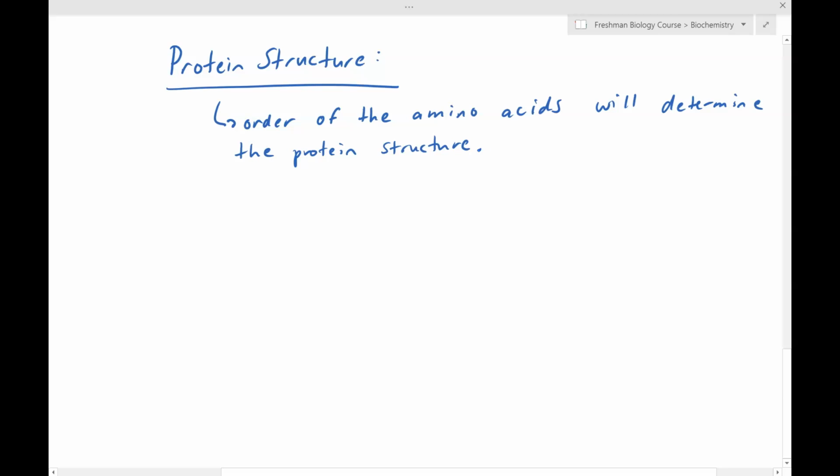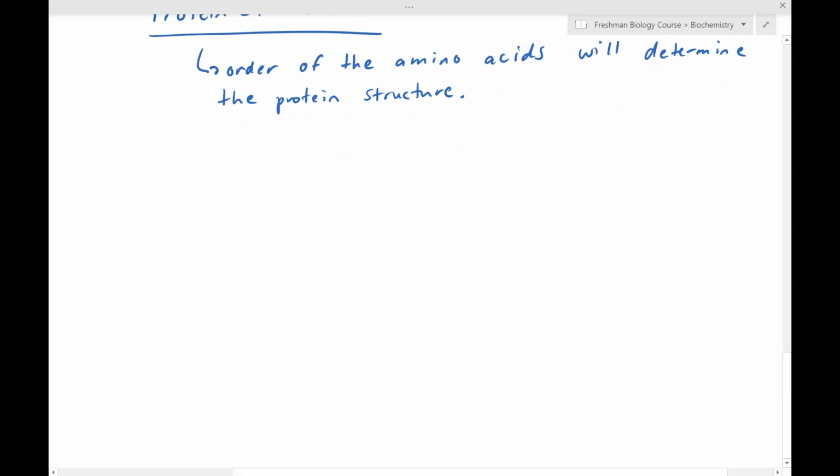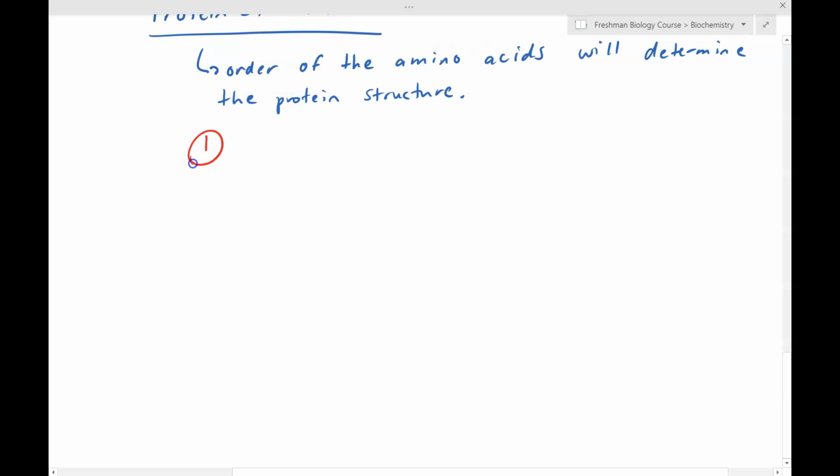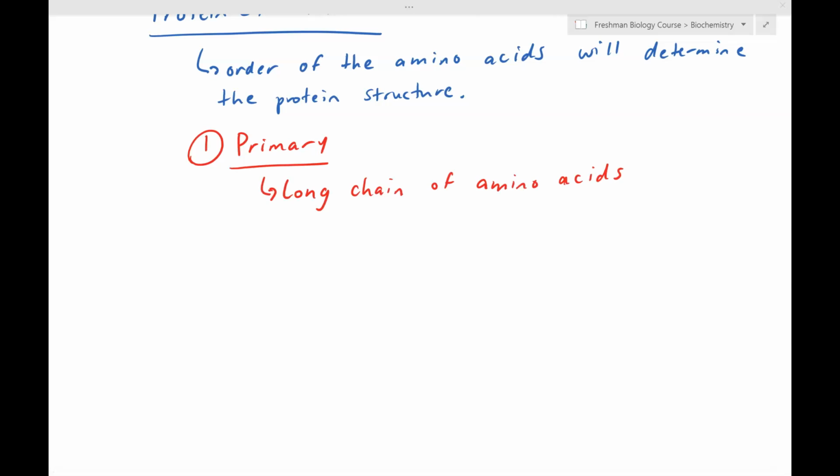All right, and protein structure is going to have different layers or levels. The first level of protein structure is going to be primary structure. All right, and primary structure is simply just one long chain, kind of a flat chain of amino acids.